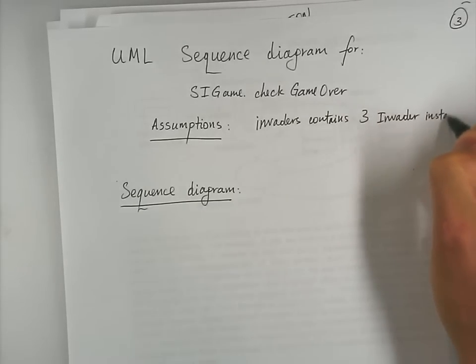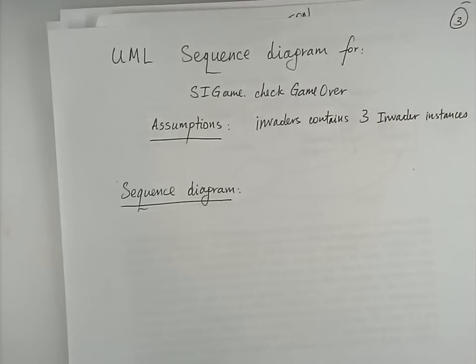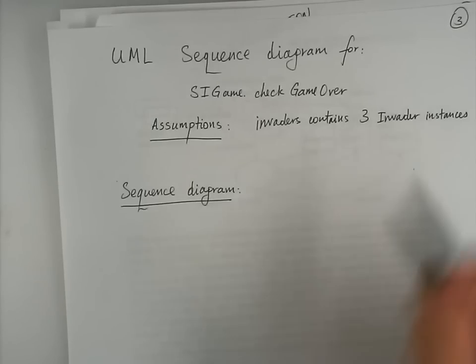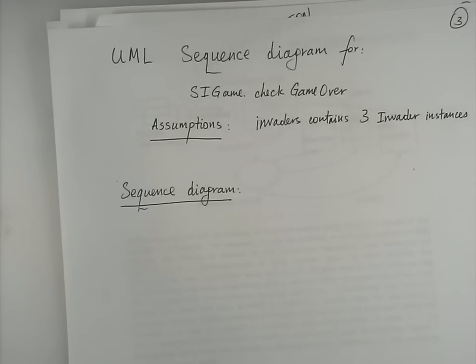Remember, an instance is the same thing as an object. An instance is an instance of some class, so an invader instance is an instance of the invader class. So we have 3 of those. What other assumptions do we need to make? This method is a little bit different from the one on Friday.